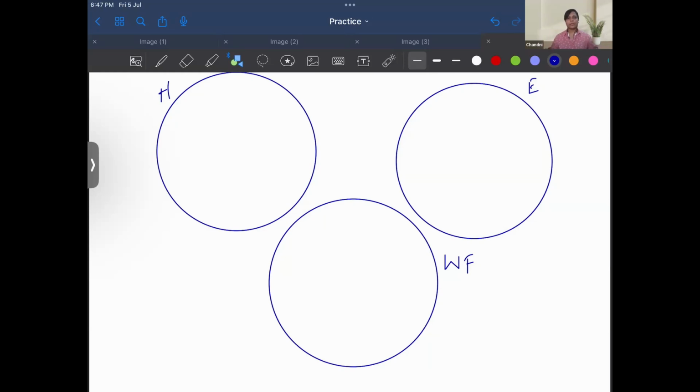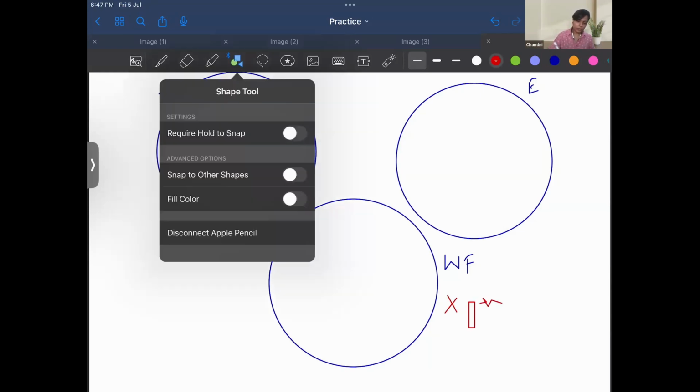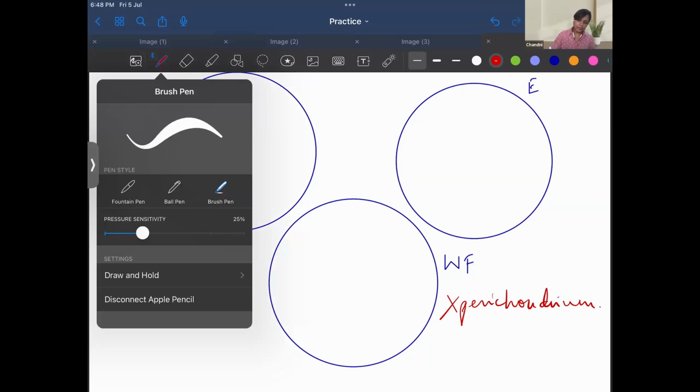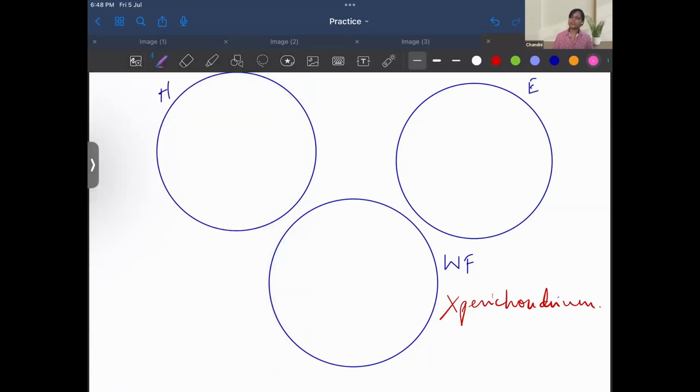It kind of merges with connective tissue outside the cartilage, which means white fibrocartilage does not have a perichondrium. Elastic and hyaline cartilage do have perichondriums and they are similar.